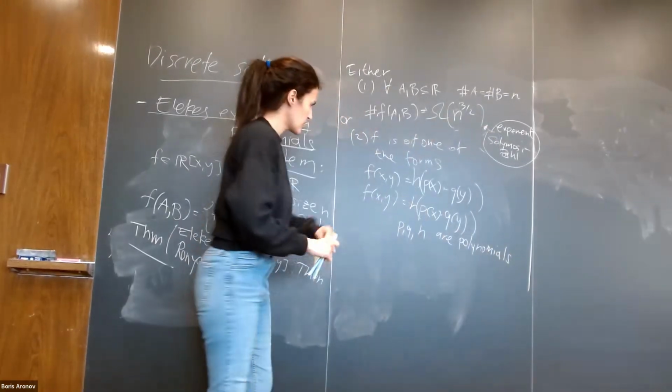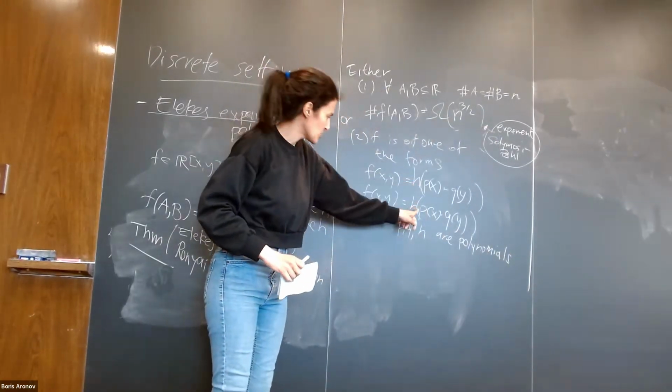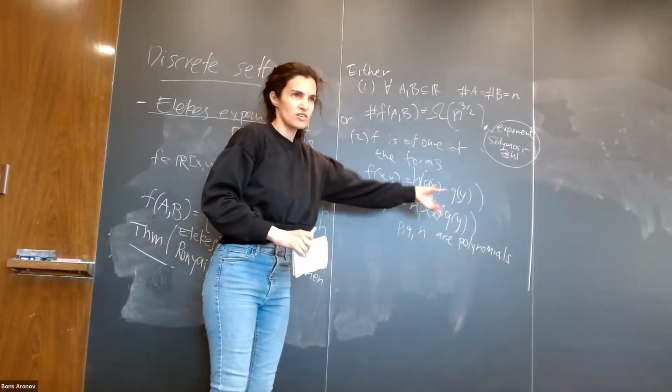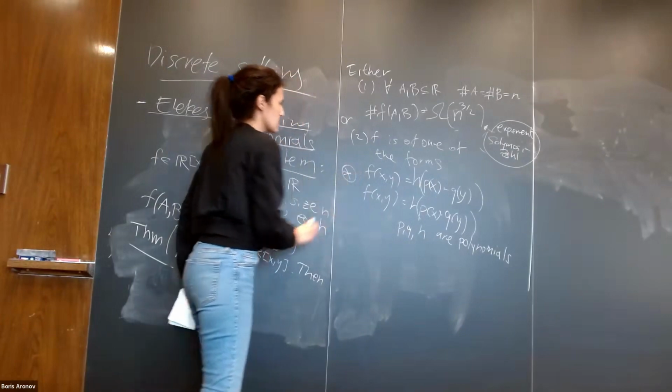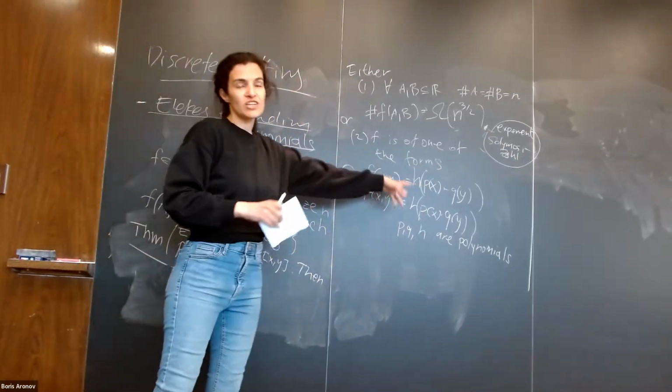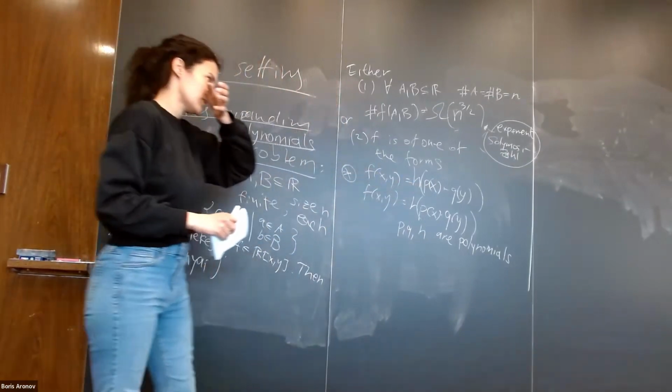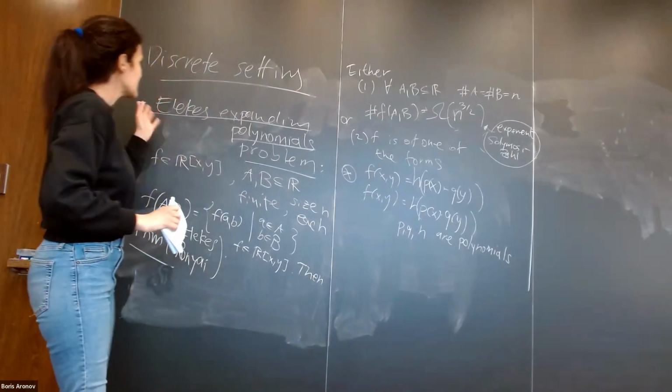We don't require such polynomials, and this is actually the same thing because you can compose h with a log. And these are the special forms. So either f is essentially x plus y, or the image must be large. Okay, so this is the discrete setting.